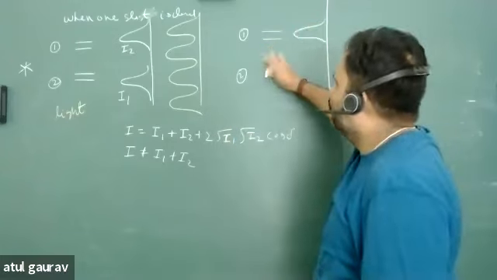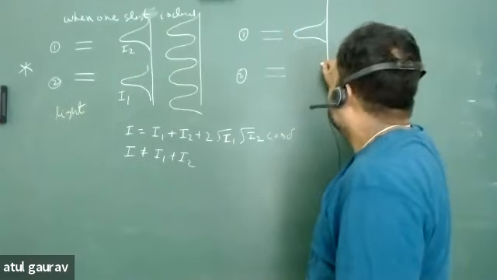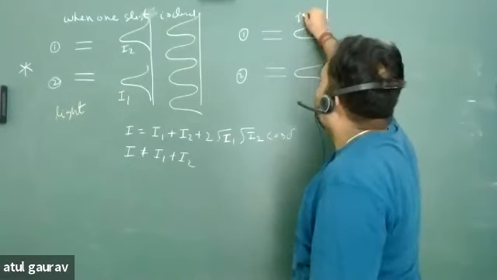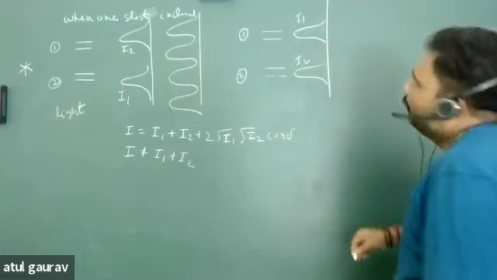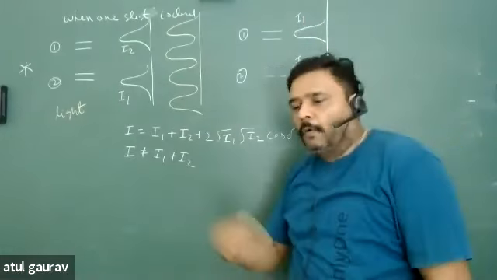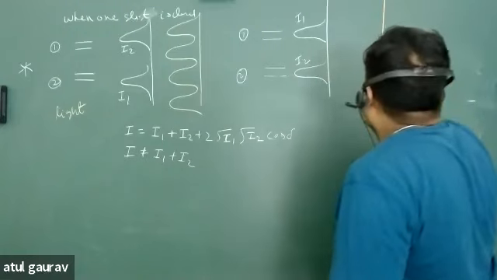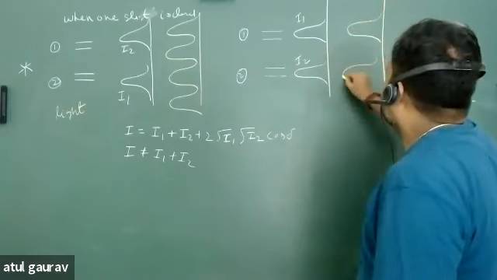If I close the first one and just allow the marbles to pass through the second, then it will be something like this. Let's say this is I1 and this is I2. And when we open both slits, what will I get? I will get exactly the same pattern as this.